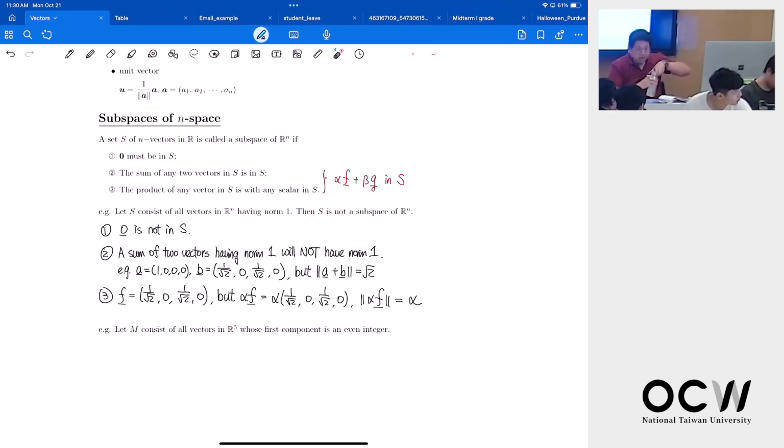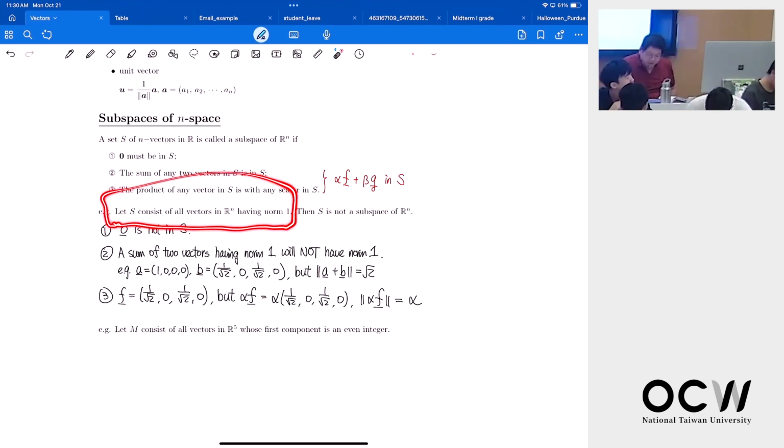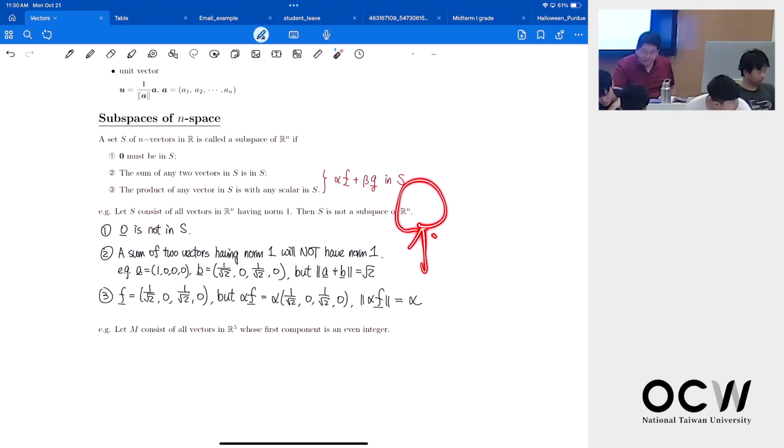This is your definition of S, and then we ask, is this S a subspace of the n dimension? Apparently it is not, because it cannot satisfy these three criteria.